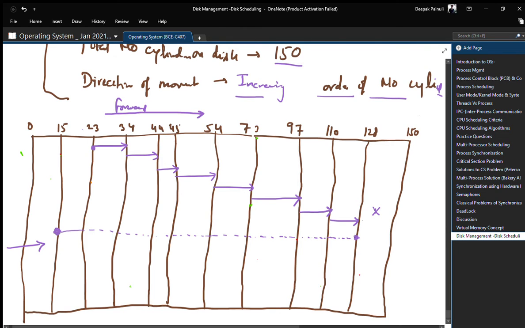So when we jump, we go from 128 to 15 because 15 is the smallest cylinder request we have. If, let us say, we have a request of 10 also, then this will jump to 10 first, and after 10 it will again come back in this direction to 15.